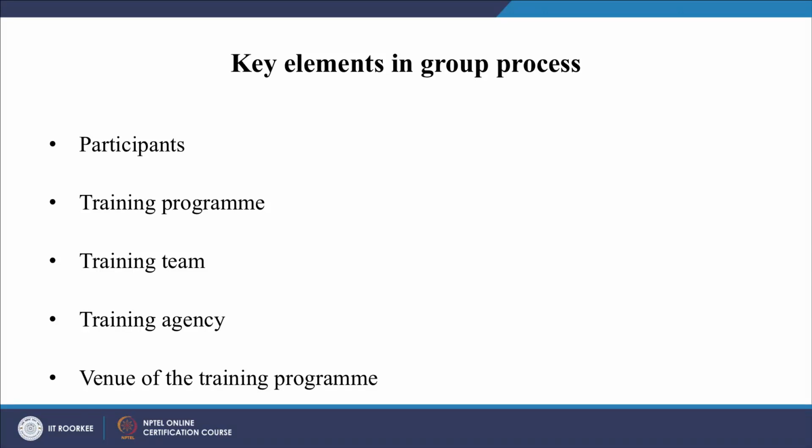The key elements in the group process are, first, the participants. If the participants are active in the training activities, that will make the training process more effective. Second is the design of the training program.